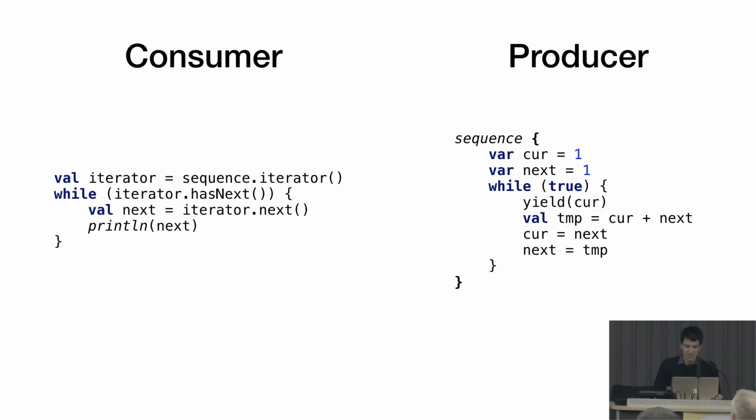And the second interesting thing is that they both have this point where they stop executing and pass control to the other function. In the case of the consumer, it's when it's asking if the iterator has more values. In the case of the producer, it's when it's yielding up that value, waiting for someone else to take that value. And at both of those points, there are local variables that it will capture and store for the next time that it resumes, so it'll still have these variables around.